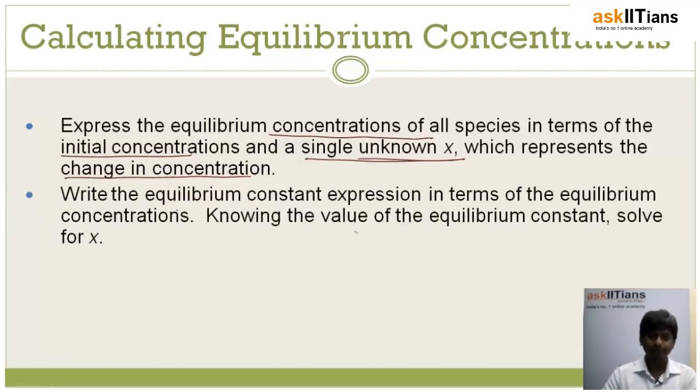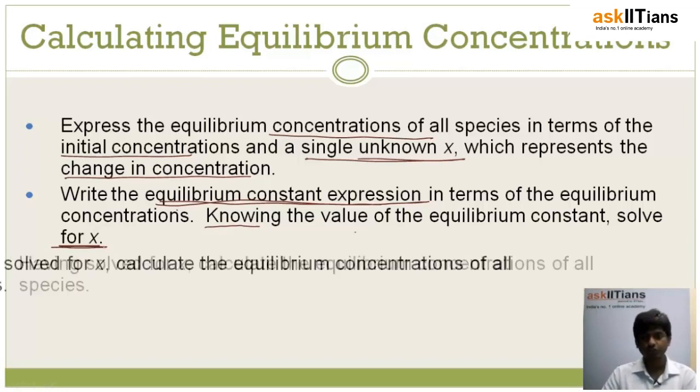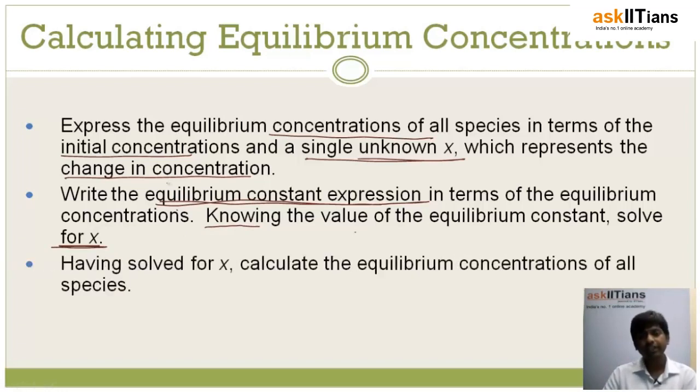Put these into the equilibrium constant expression, equate it, get an equation in x and solve for x. After solving for x, put it in the equilibrium concentrations to get the concentration of all the species. As simple as that.